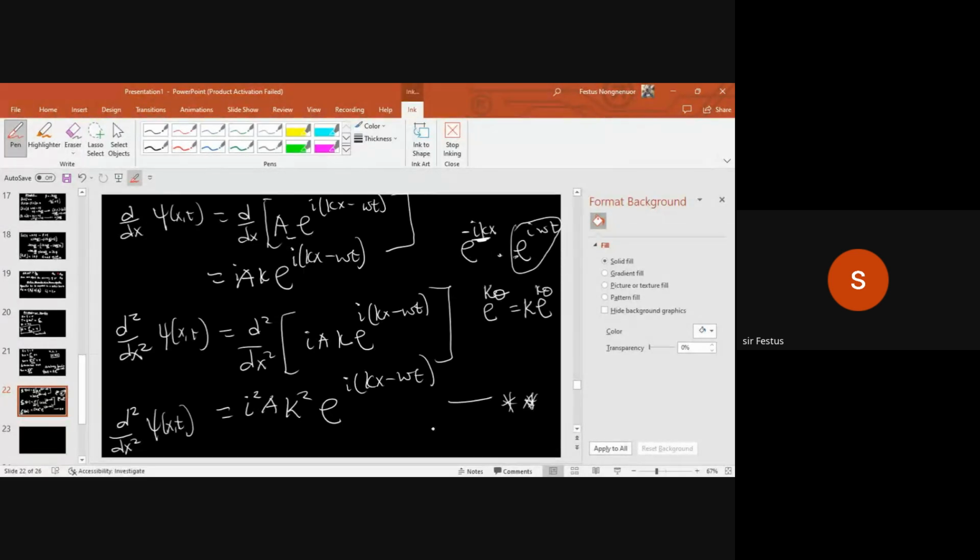So root of minus 1 is nothing but I square. So since I have I square here, I'll just remove the I square there and then put my negative 1 there. So take away this. So that's minus 1.